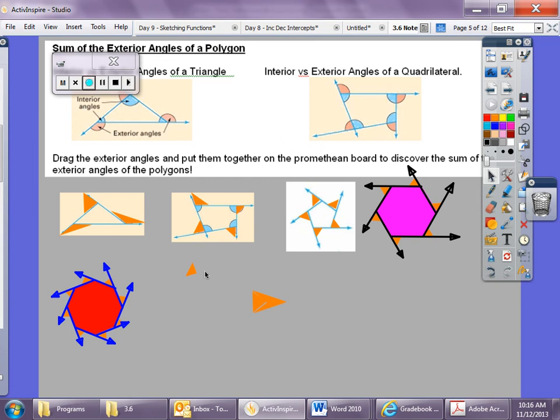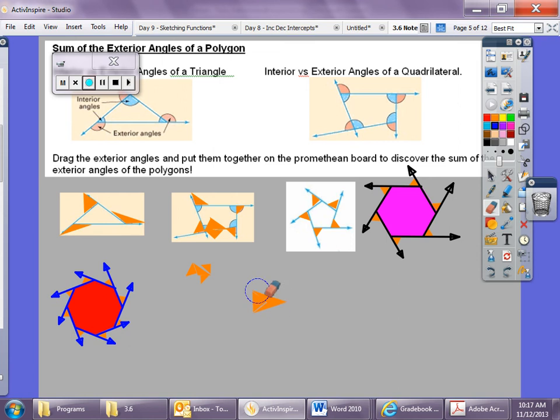Whenever we put the measure of all the angles together, it just forms a big circle. So the measure of all of these angles together is going to be 360 degrees, because it's going all the way around.